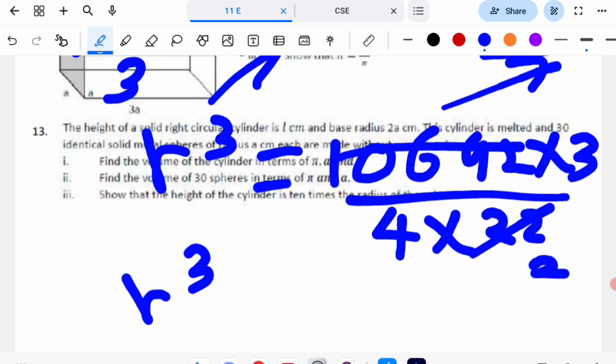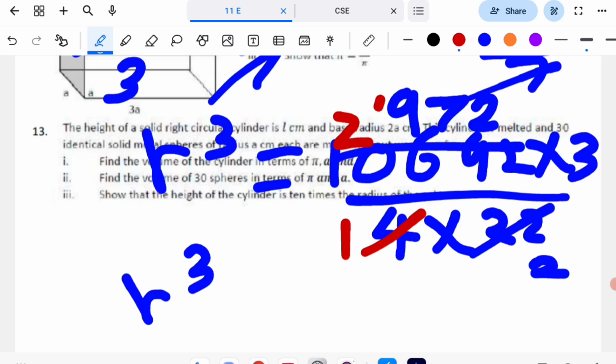Divide by 11, 9, 99. 7, 2, 972. Then again we can cancel out by 4. 4 divided by 4, 1. 972 divided by 4, 243.